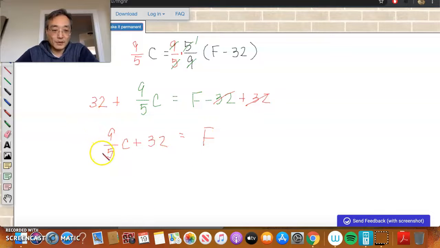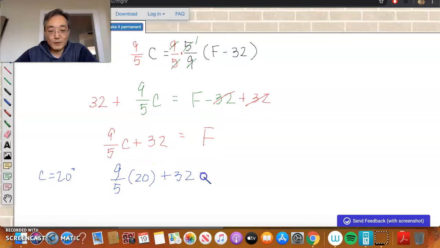And the second question says, what if Celsius is 20 degrees? Find the equivalent temperature in Fahrenheit. So 9/5 times 20, if C is 20 degrees. So 9/5 of 20 plus 32, that's our equivalent in Fahrenheit.